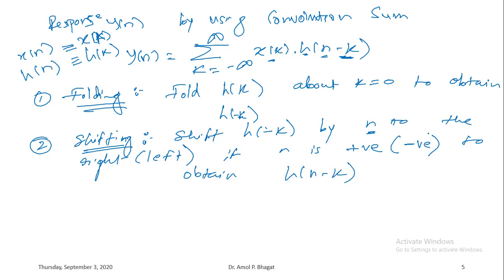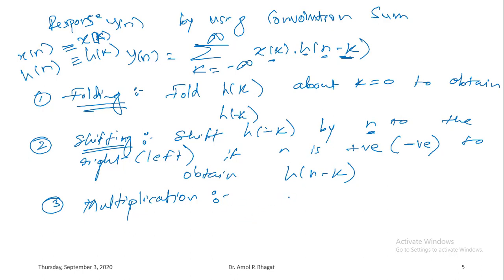It will be shifted to the right or to the left depending on the value of n. If n is positive, it will be shifted to the right, and if it is negative, it will be shifted to the left. Then the third step is multiplication. You are multiplying x of k and h of n minus k.